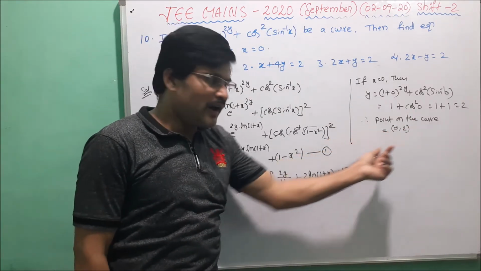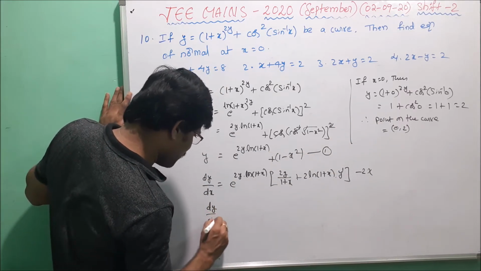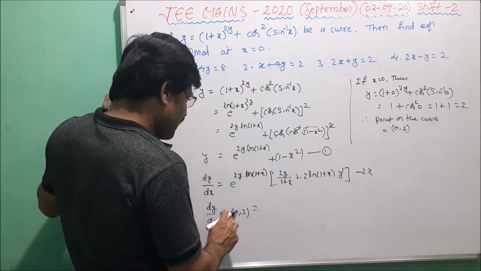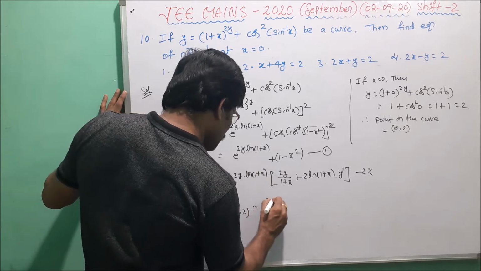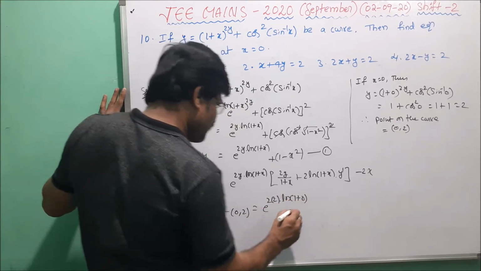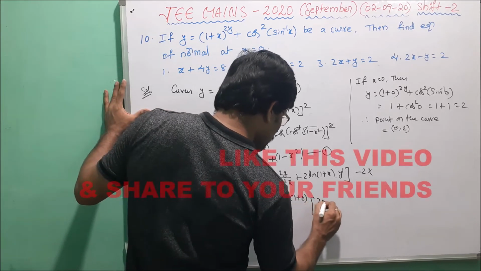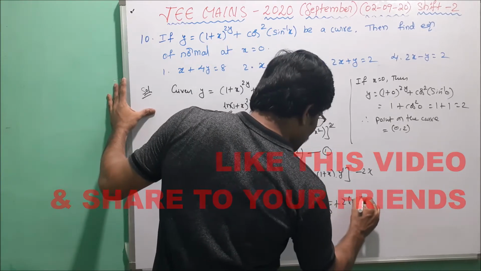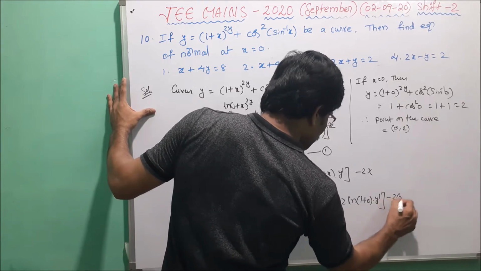So here, to find the slope at that point, that is dy by dx at (0, 2), we substitute x and y in the given equation: e power 2 into 2 into ln of 1 plus 0, 1 plus x means 1 plus 0, into 2, the y value 2, 2 into 2 by 1 plus 0, plus 2 into ln of 1 plus 0 into y dash, minus 2 into 0.